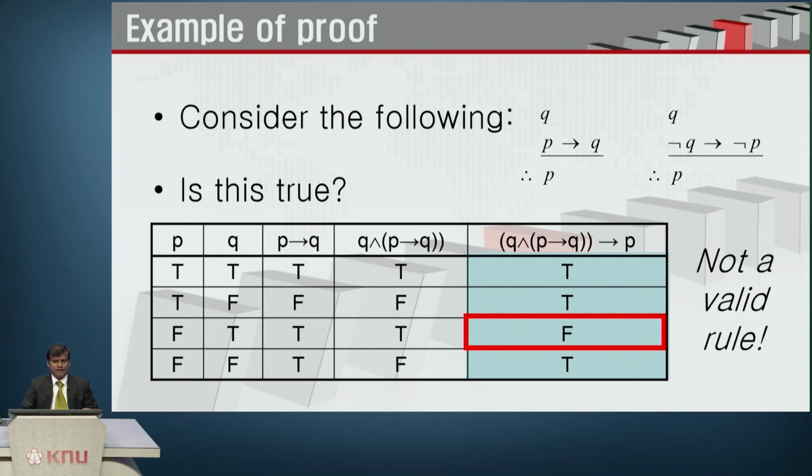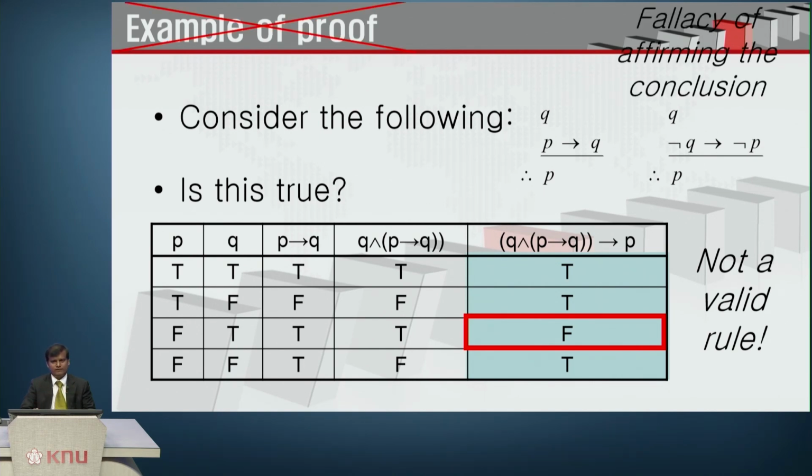We know that when P implies Q is true, the negation of P implies Q is also true. But when P implies Q is true, it doesn't mean that Q implies P is true.